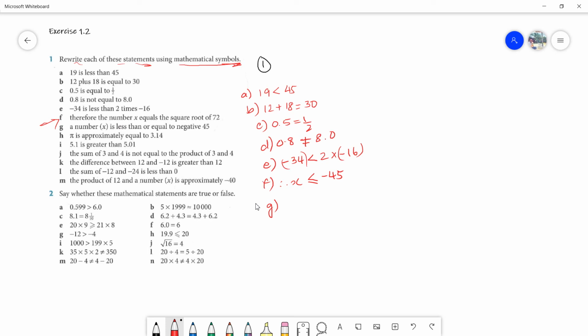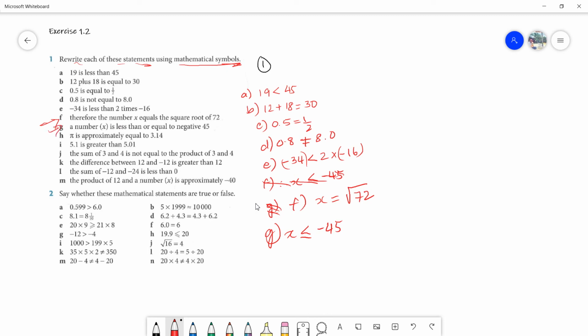We're going to do F again. F says, therefore, the number x is equal to the root of 72. So x is equal to the root of 72. Done. Then G. A number x is less than or equal to negative 45. So x is less than or equal to negative 45. We're done with G.